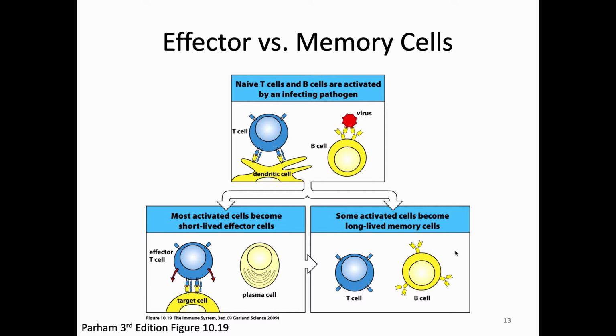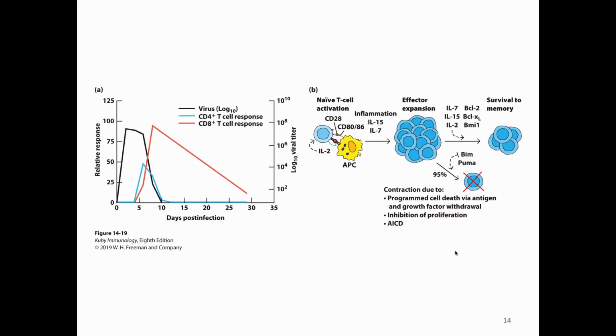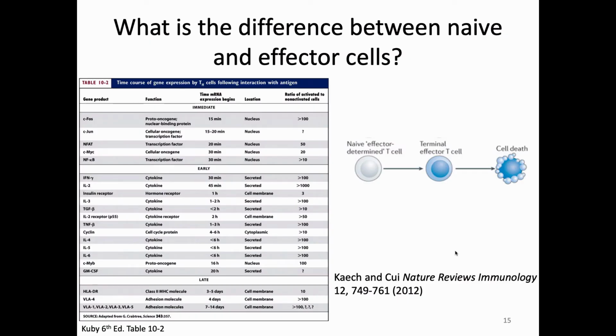It can do the effector function. So this might be a naive CD8 T cell becoming a CTL. This might be a naive CD4 cell becoming a helper T cell. This might be a naive B cell becoming a plasma cell. Some of those cells are also going to become memory cells that are going to act later on.